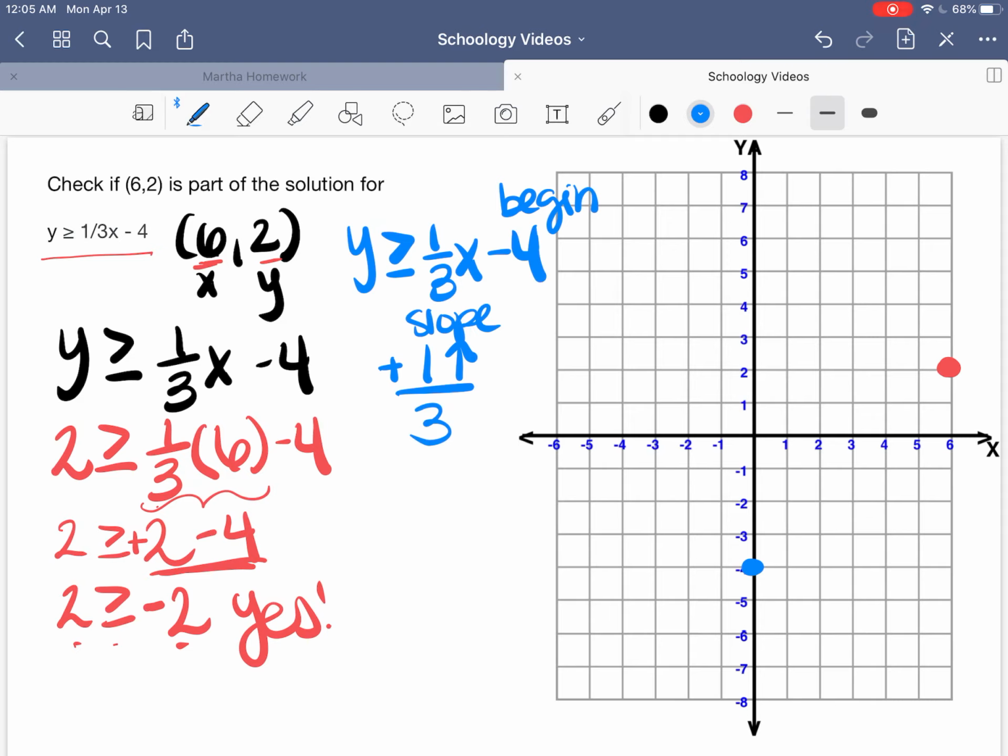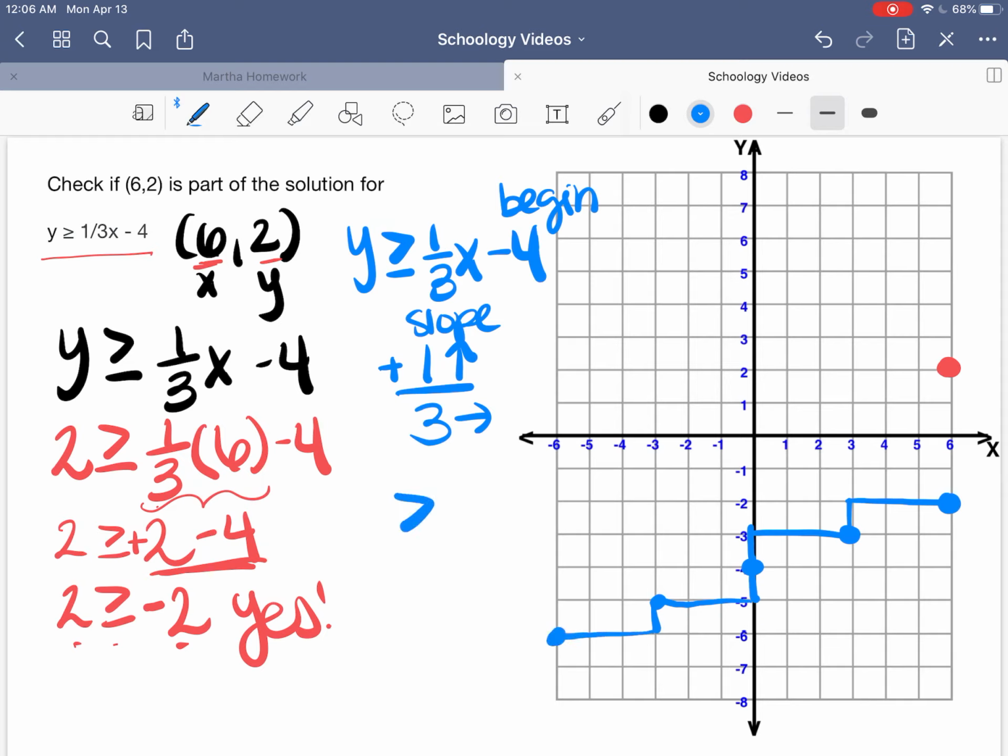And this time, because I have a number under, I don't just assume that it goes to the right 1. I assume it goes to the right 3. So you're going up 1 and to the right 3. Up 1 and to the right 3. If you want to go the opposite way, you would go down 1 and to the left 3. Down 1 to the left 3.